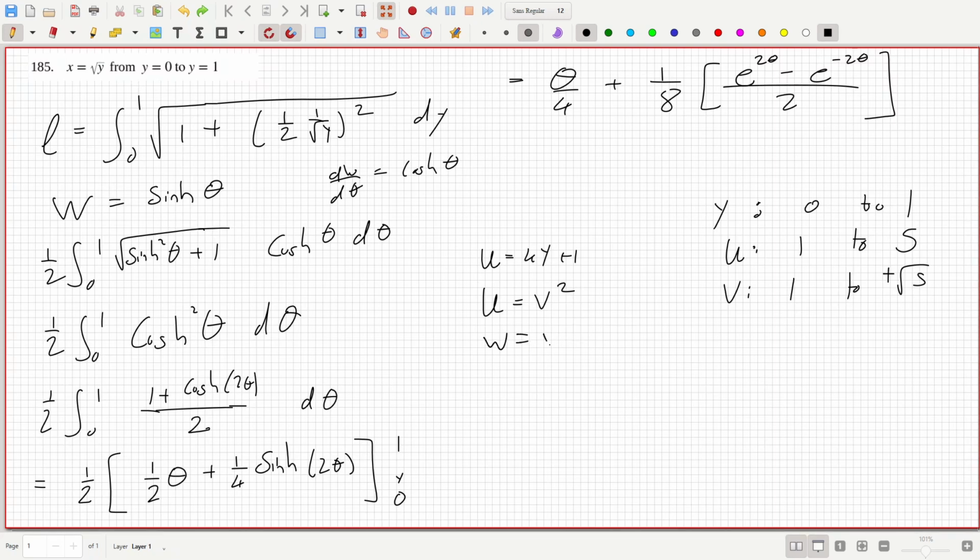W is root v squared minus 1. So when the v is 1, then the w is 0. And when the v is root 5, that's 5 minus 1 is 4. So that's 2. Then finally theta would actually be the hypersine inverse function of w. So theta would go from hypersine inverse 0 to hypersine inverse of w, which is 2 then.